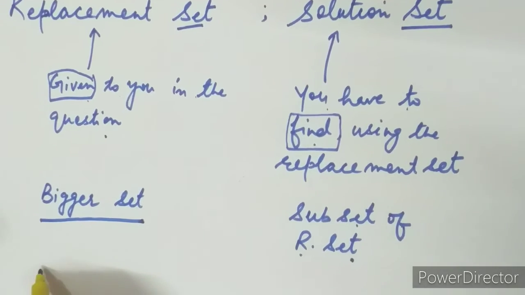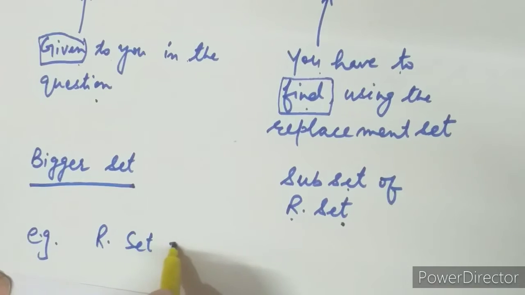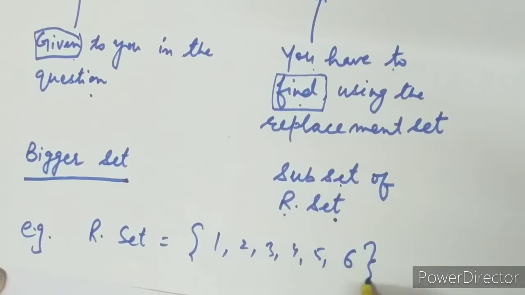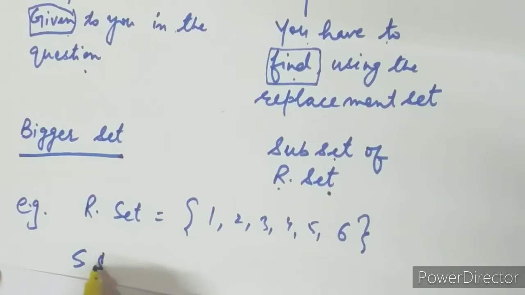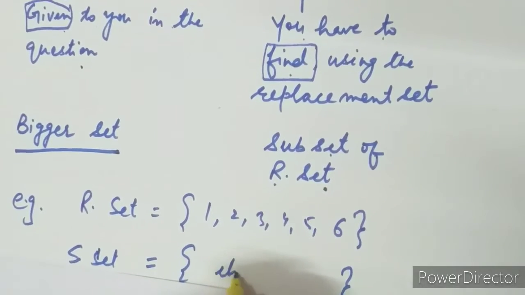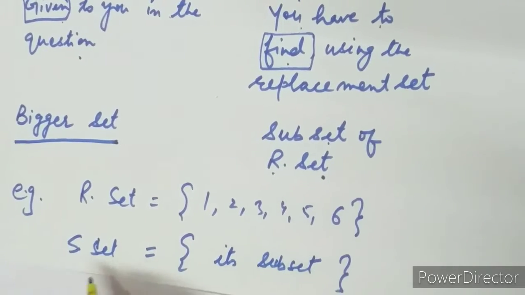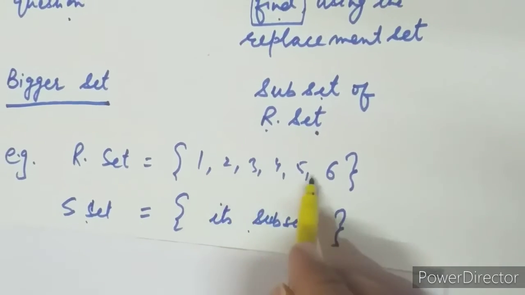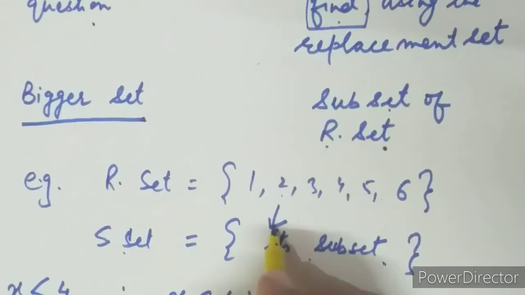For example, if the replacement set is 1, 2, 3, 4, 5, 6, then the solution set will always be its subset only. That means the members of the solution set will definitely be some members from the replacement set only.